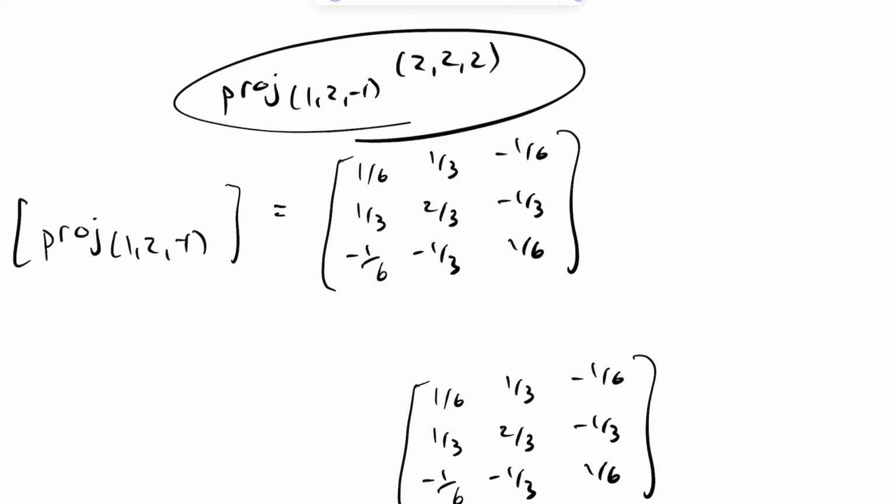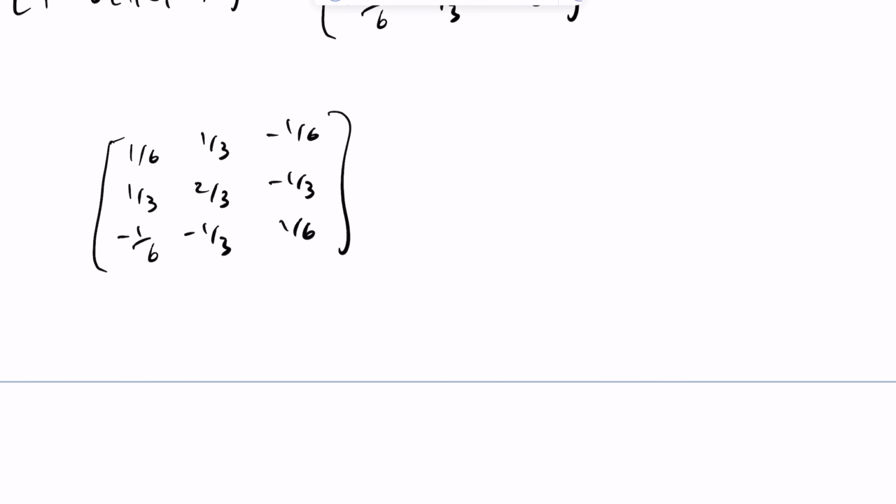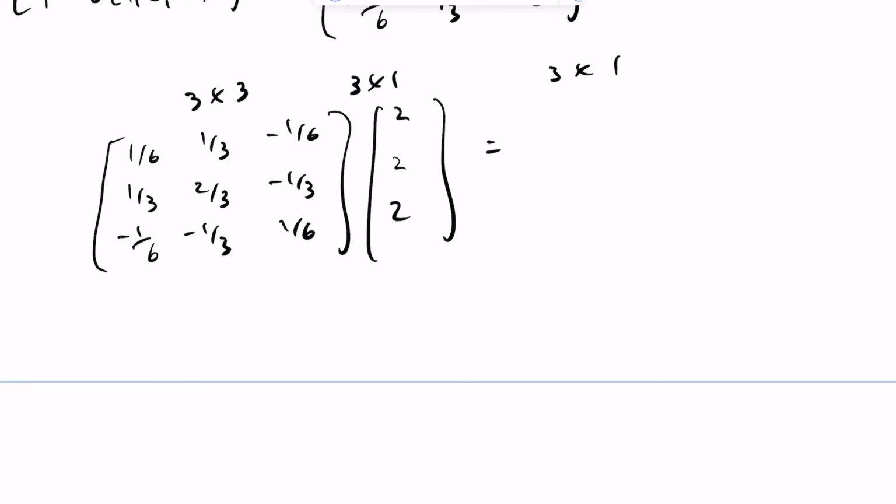The only thing I have to do is go to my projection matrix and multiply this by 2, 2, 2. So again, this is a 3 by 3 matrix. I'm multiplying by a 3 by 1. It's going to result in a 3 by 1 matrix, so my answer is going to be a vector, as expected.